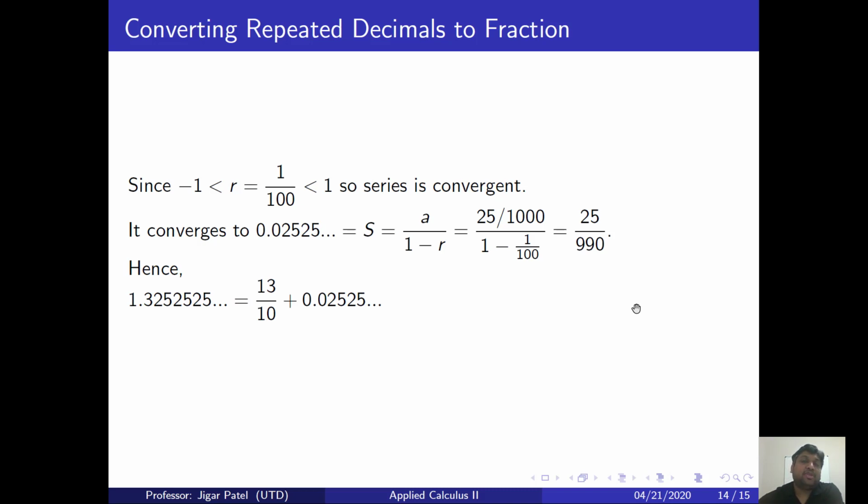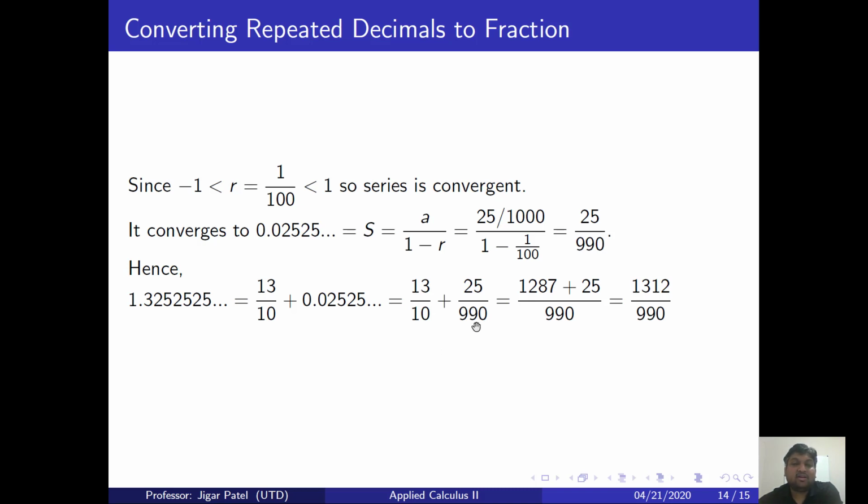So we are back to the original problem, 1.3252525 infinitely many times: 13/10 plus that infinite repeating decimal. I already found the fraction form of that. It was 25/990. So 13/10 plus 25/990.